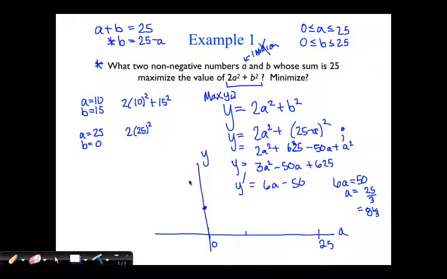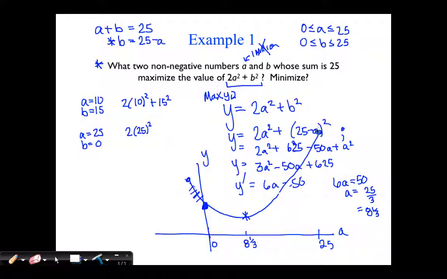Vertex is here. This thing opens up, so I know this is going down, and then it goes way back up there. So just because of knowledge of parabolas, and we don't want negative a values, I know we have a minimum that happens at a equals 8 1/3, 25 over 3.